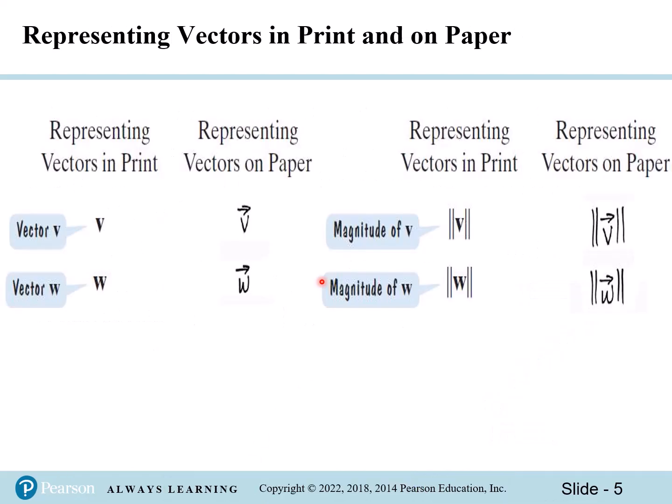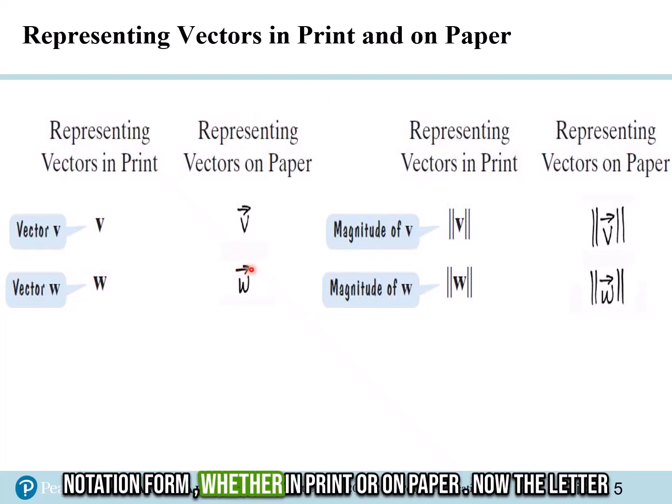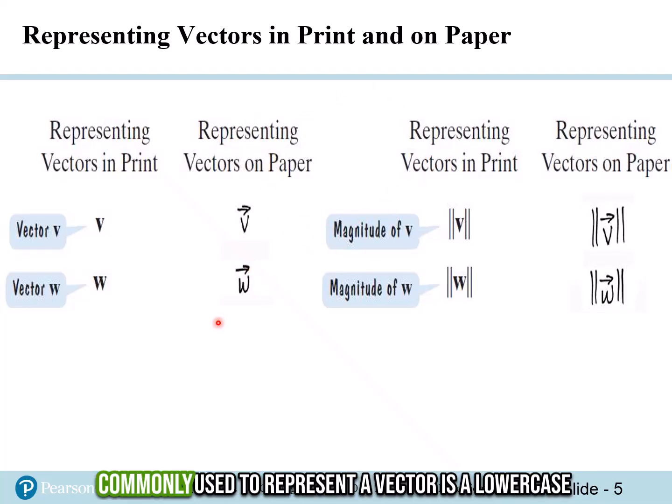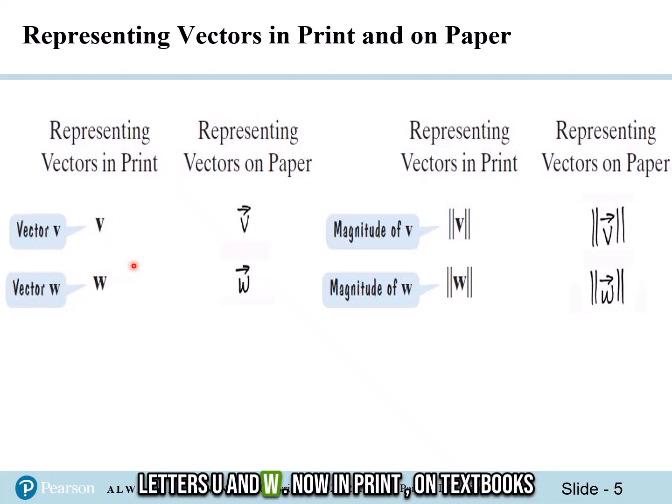All right? Let's talk a little bit about how to represent vectors in notation form, whether in print or on paper. Now, the letter commonly used to represent a vector is a lowercase v, but if we are working with multiple vectors, we also use the letters u and w.